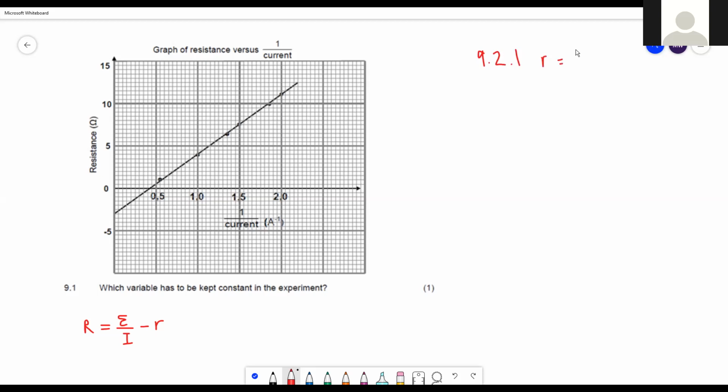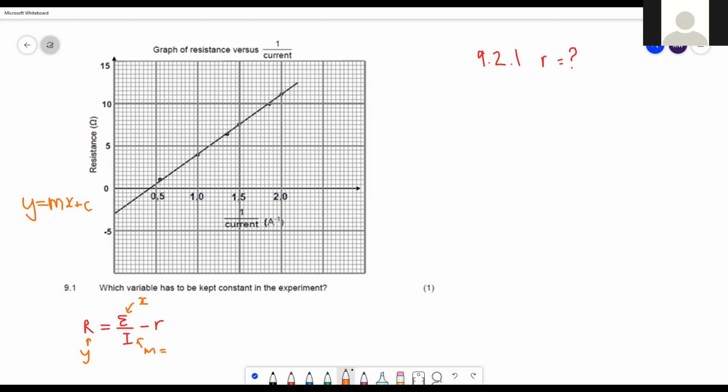Okay. So the first thing you have to do is identify on the graph what is going to represent your r. So always think in terms of the formula of a straight line. So that is your Y value. Your EMF is your slope. So your M is equal to, no, I'm wrong.